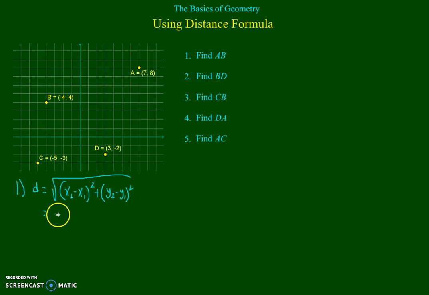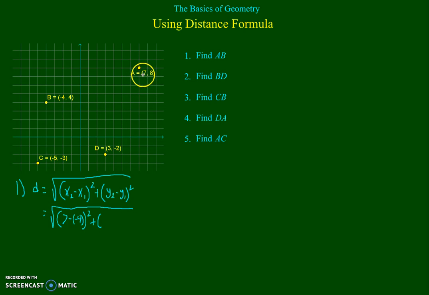So this gives us the x's. We could do 7 minus negative 4, squared, plus the difference of the y's, 8 minus 4. Now notice, since I started with 7 in point A and went to the negative 4, so x here, I have to go back to the y in A. If I started here and did this, and then went here and subtracted this from it, everything would be messed up.